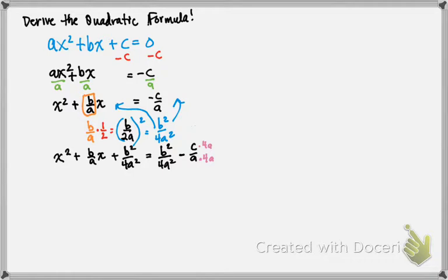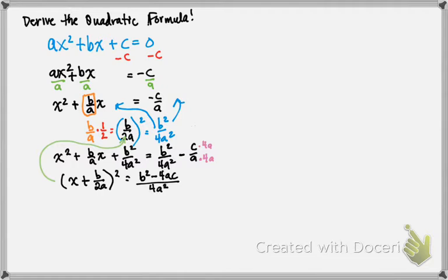Now, the left side can go ahead and get factored, and it's going to be x plus, because it's a positive linear term, the square root of b squared over 4a squared, which is b over 2a, the same thing we got when we took half of the linear term. And that quantity is squared, and then over here we're going to get b squared minus 4ac all over 4a squared.